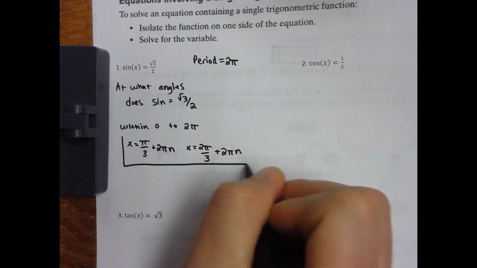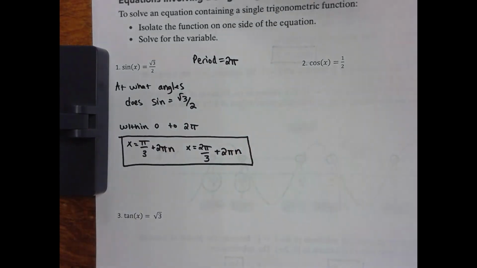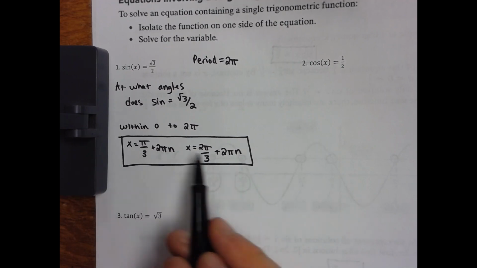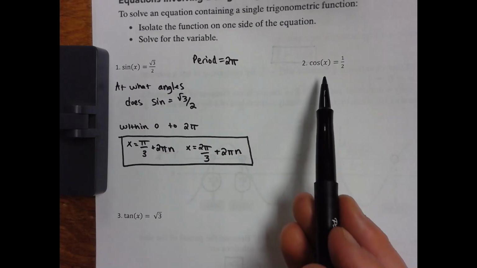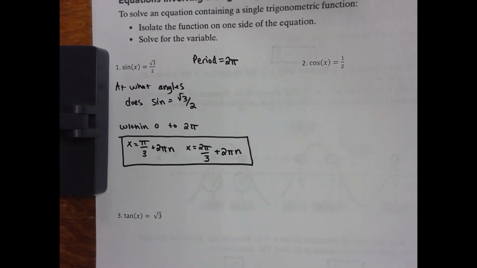And it's these equations that describe all the solutions to this equation. That's all we're working on today, is finding ways that we can write these equations that represent the full solution set.